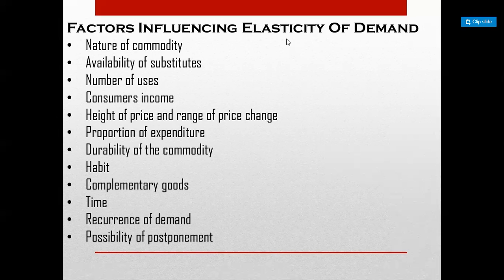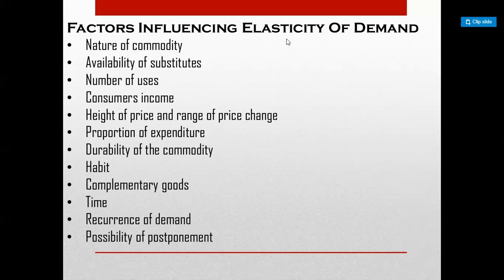As a result, demand for the lower income group is highly elastic. Next is height of the price and range of the price. Commodities like biscuits and soft drinks, whose demand is not urgent, have highly elastic demand, and their consumption can be postponed in case of an increase in their prices.